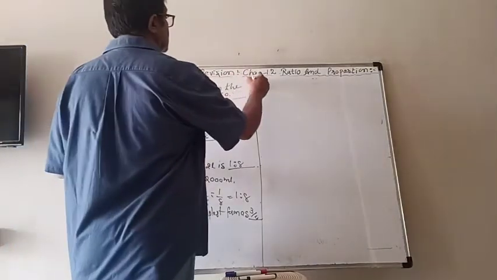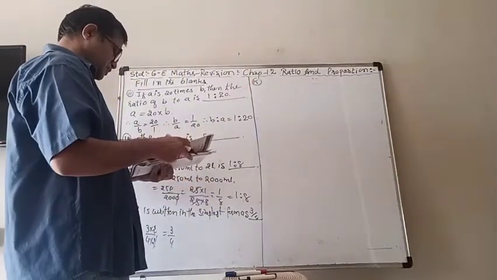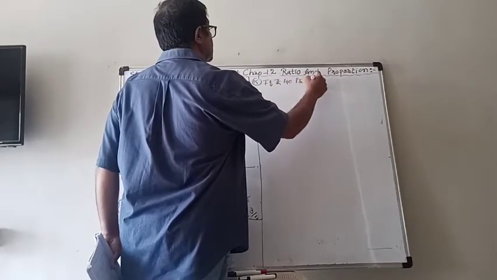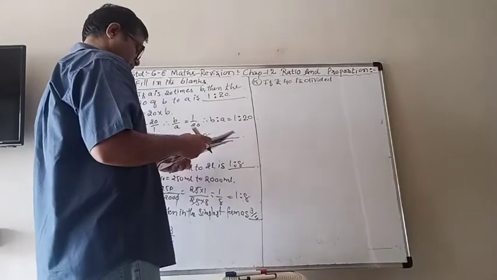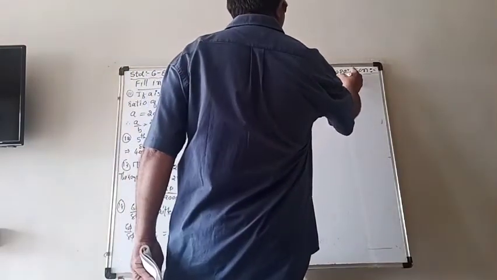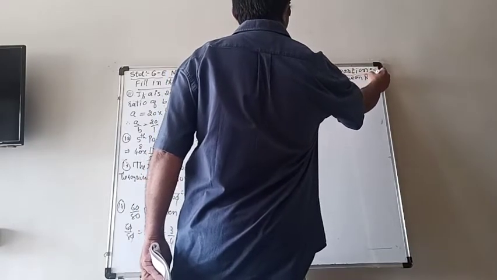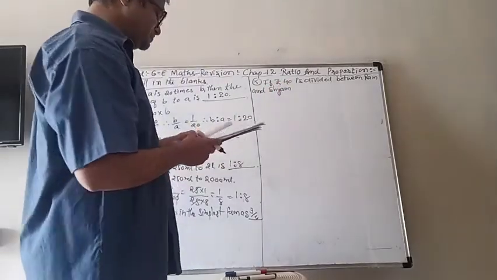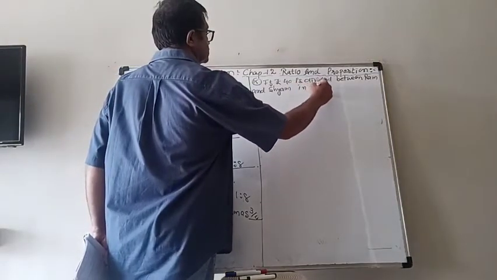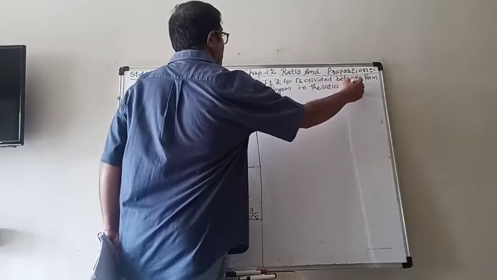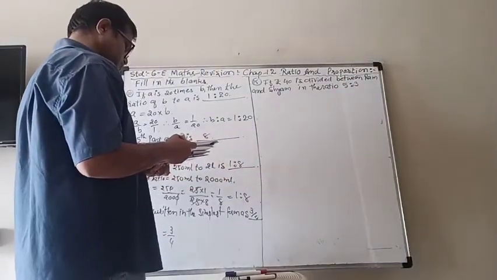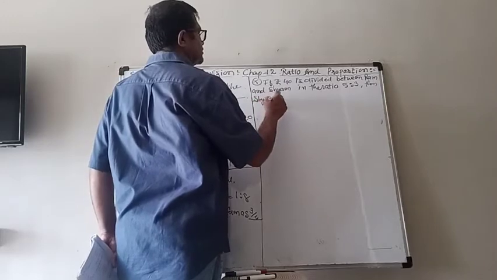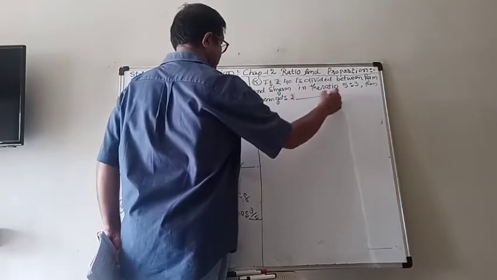Next, if rupees 40 is divided between Ram and Shyam in the ratio 5:3, then Shyam gets rupees blank.